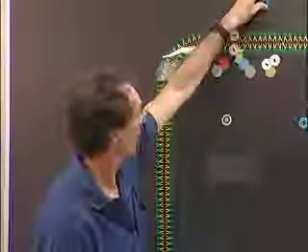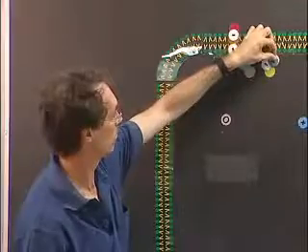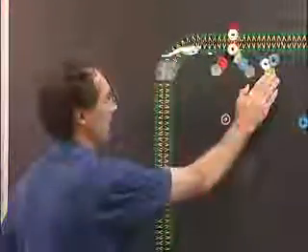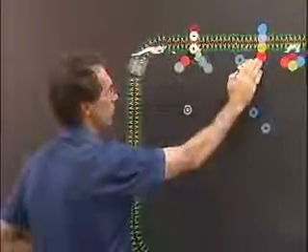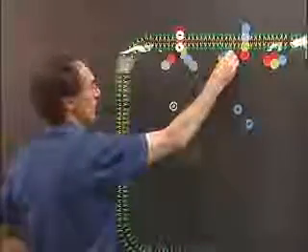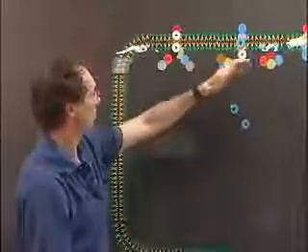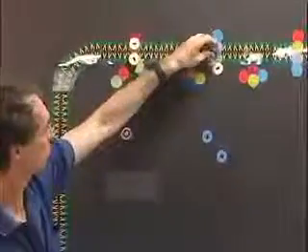PQ is going to pick up that proton from the stroma and deliver the electrons and that proton to the B6F complex. The B6F complex pumps that proton into the lumen.